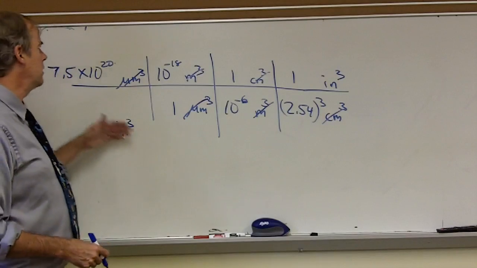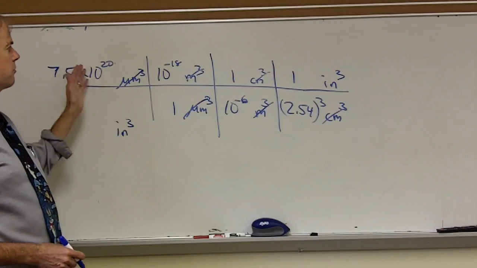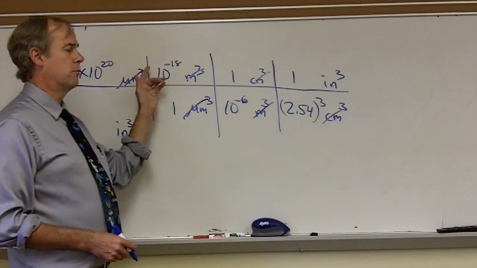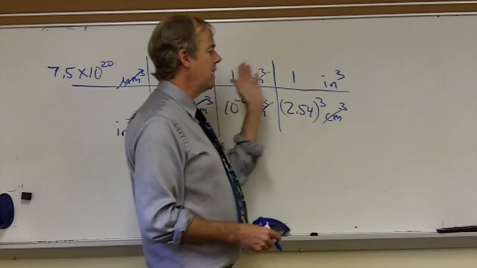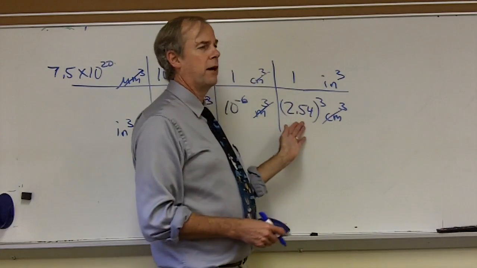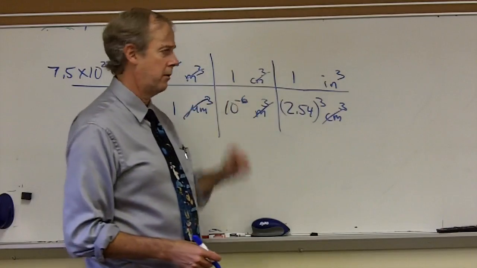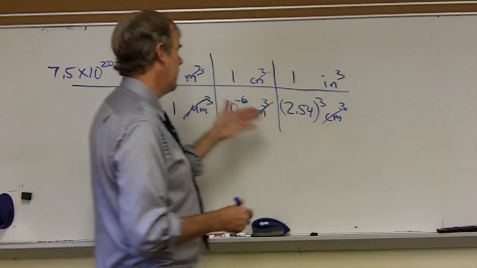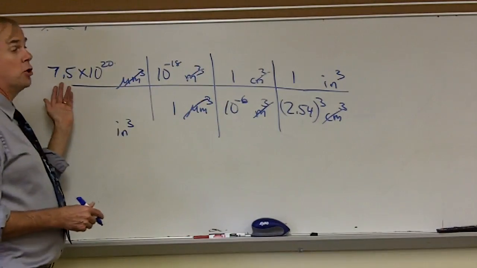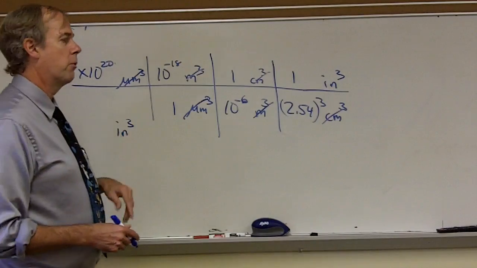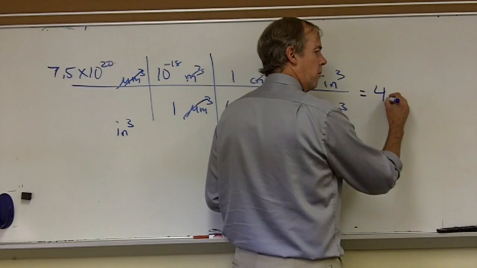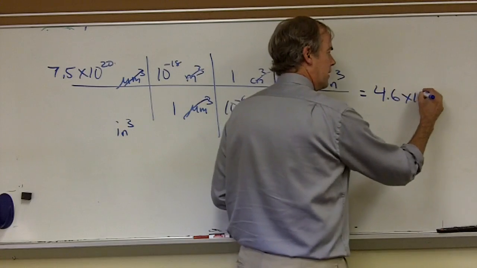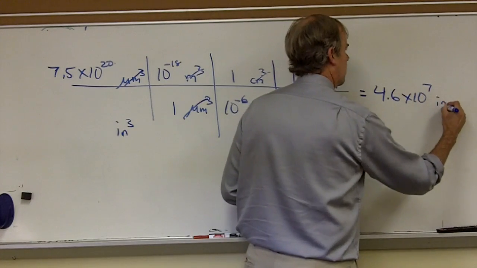Grab your calculator, you multiply 7.5 exponent 20 times exponent negative 19, you divide by exponent negative 6, and divide by 2.54 to the 3rd power. And again, exact, exact, exact, and a 2-digit number. Therefore, we want a 2-digit answer. And those 2 digits are 4.6 times 10 to the 7th cubic inches.